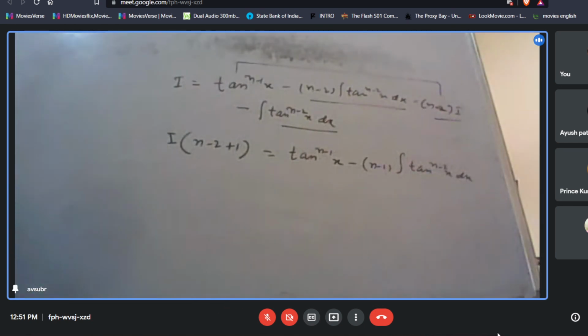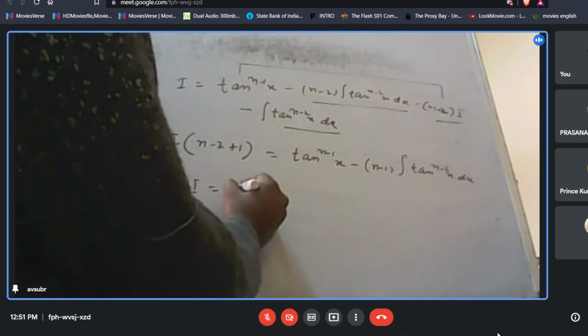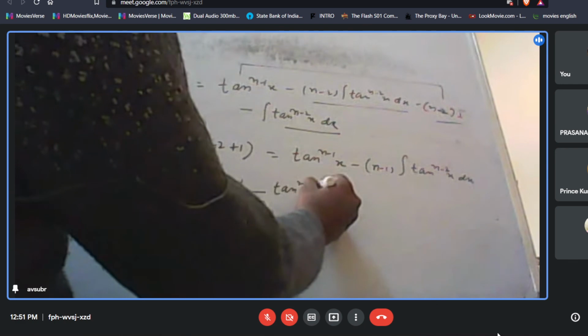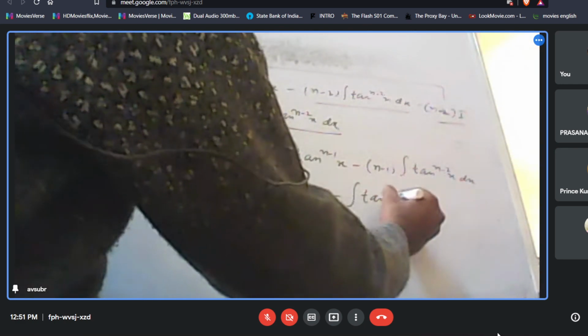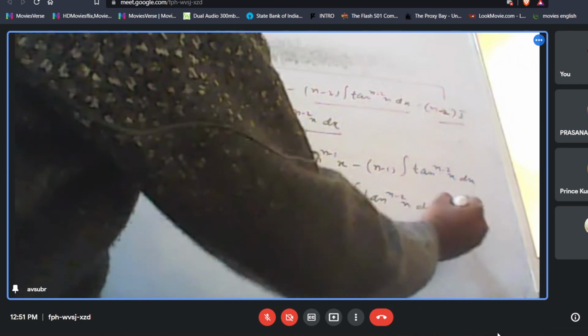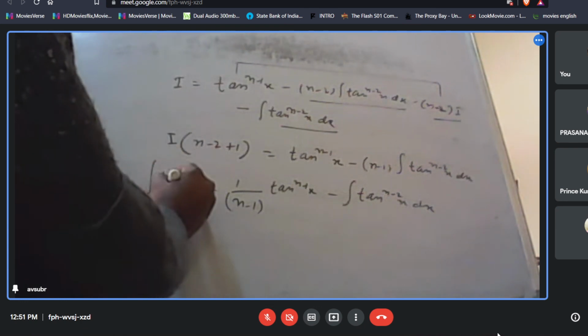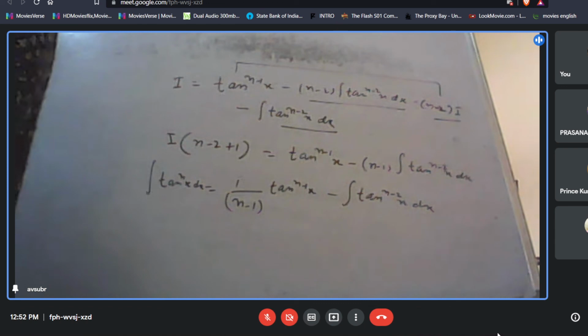Is it okay? Yes, sir. And so I is equal to 1 by n minus 1, 10 to the power n minus 1x, and n minus 1 will cancel out. So this is what the integration of 10 to the power nx dx is. All right.